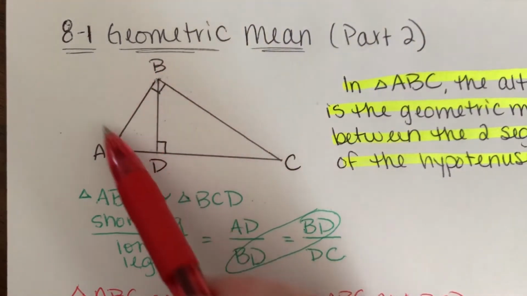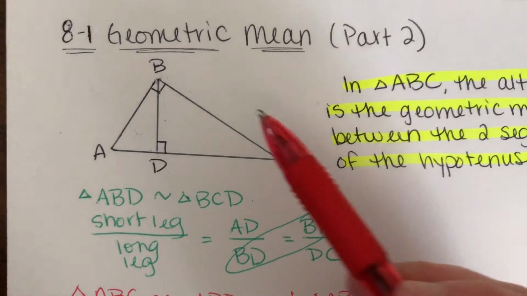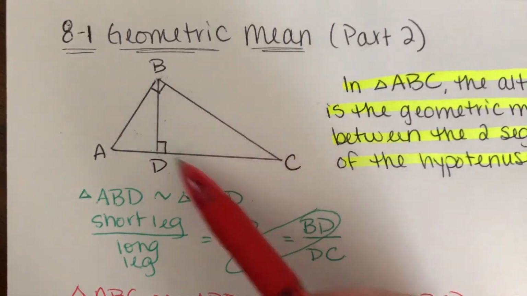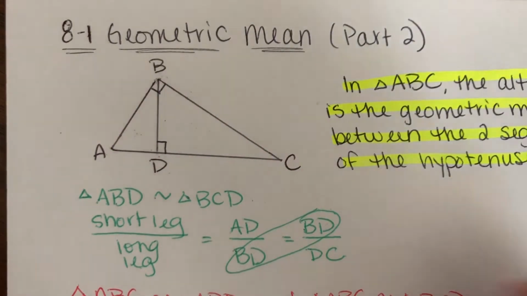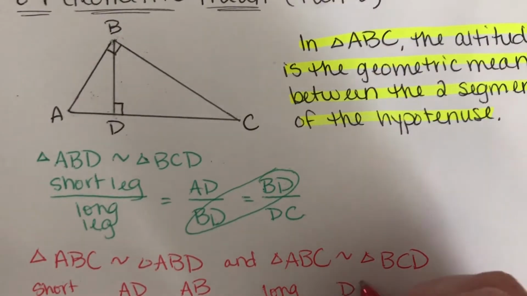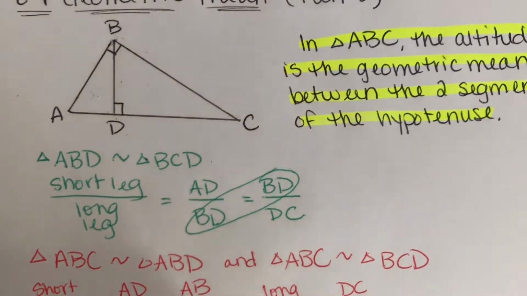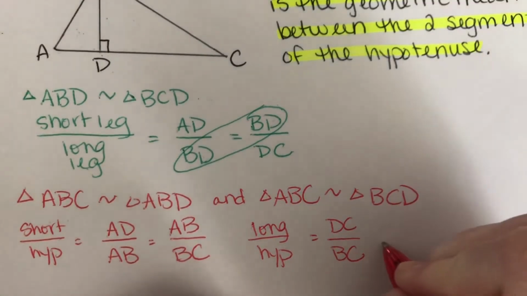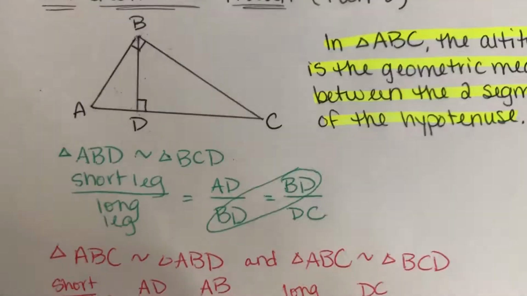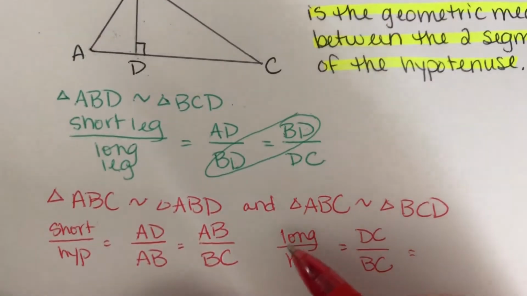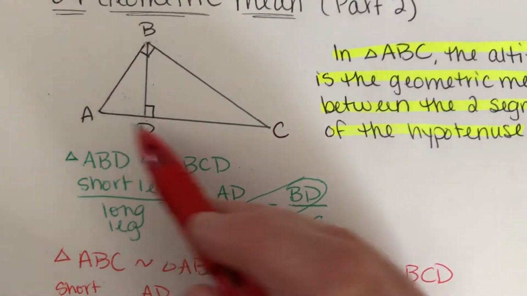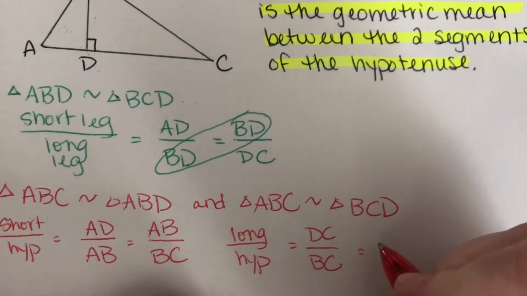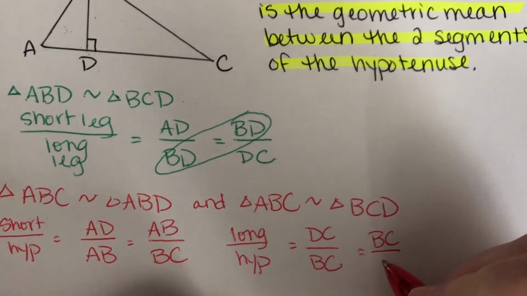So I'm doing long over hypotenuse. Of this little triangle, the long leg is DC, the hypotenuse is BC. So I'm going to do long leg DC, hypotenuse BC. That's of the little triangle, and that's equal to the big triangle, same thing, long leg over hypotenuse. Of the whole big triangle, the long leg is BC, the hypotenuse is AC. BC and AC.